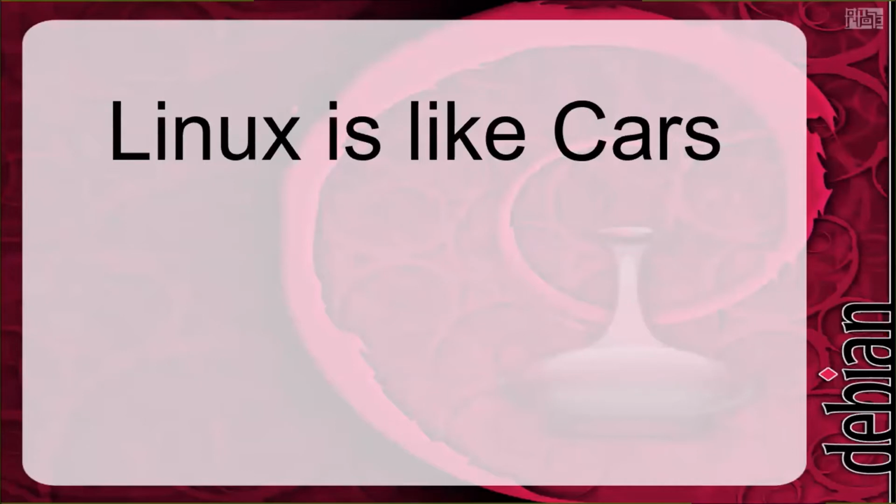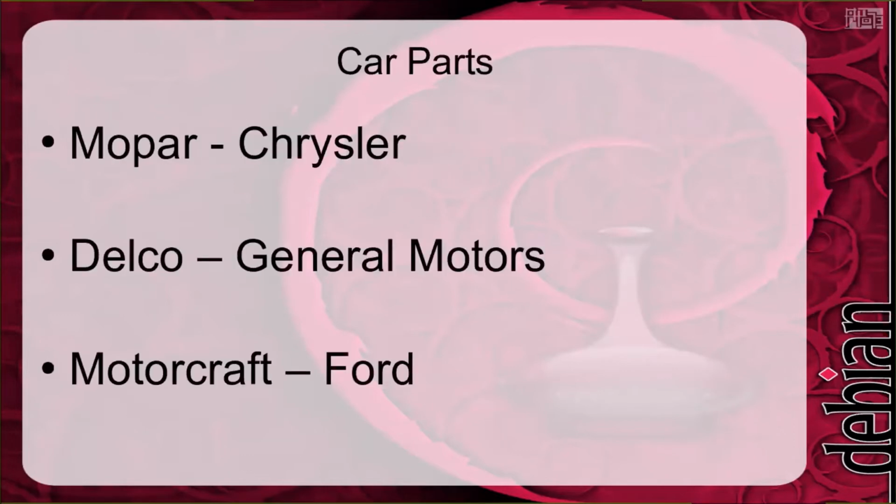My second part of the presentation, continuing with what I've talked about before, about how Linux is like cars. And we talked about all of that with the different distros and the different desktops, but I got a new angle that came up to me this week. Linux is like cars as car parts. Now, with car parts, we have specially developed parts that are supposed to be used on specific models of cars.